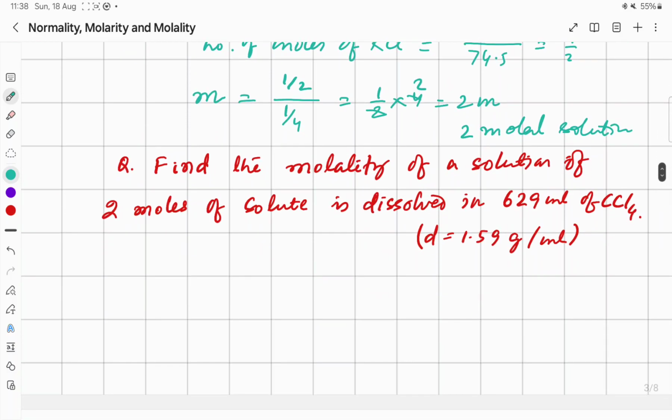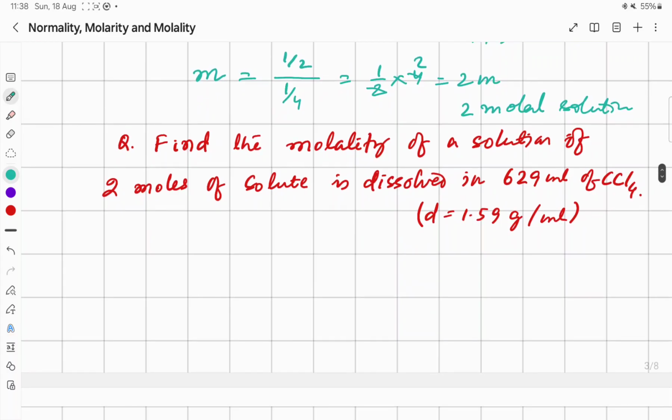Find the molality of a solution if 2 moles of solute is dissolved in 629 ml of carbon tetrachloride. So here it is given in volume, so we have to convert it into kg.